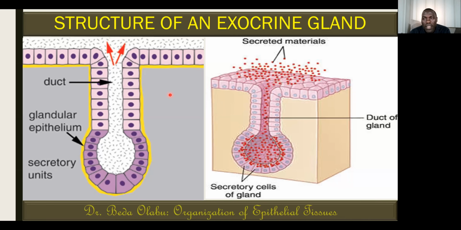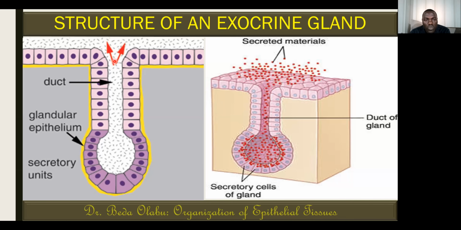An exocrine gland is described to have two components. This section here is the secretory portion. The secretory portion is specifically the one we are calling the glandular epithelium. But we also have a ductal portion.